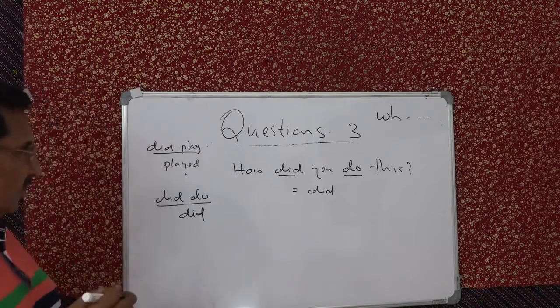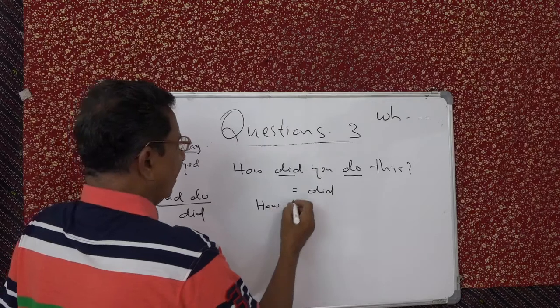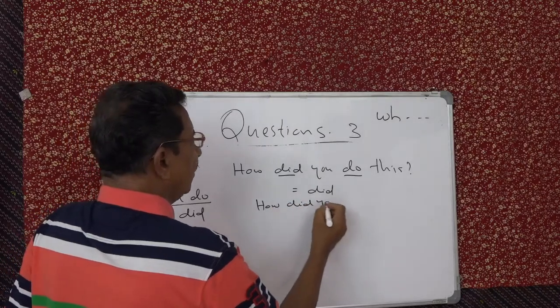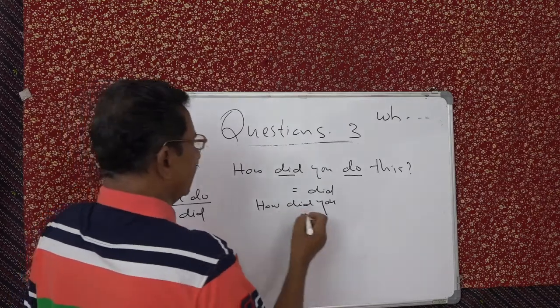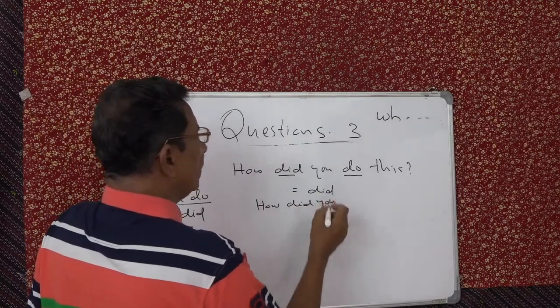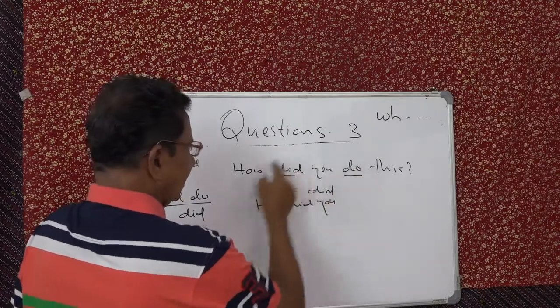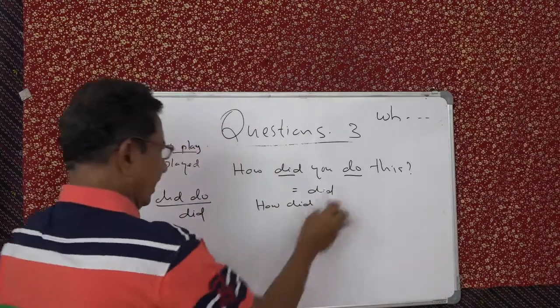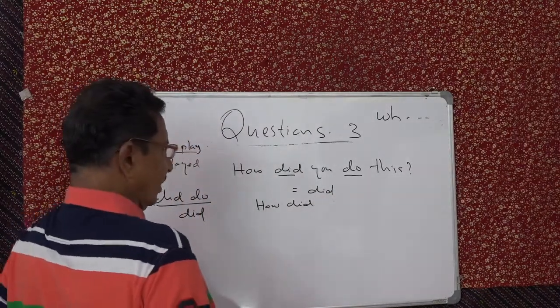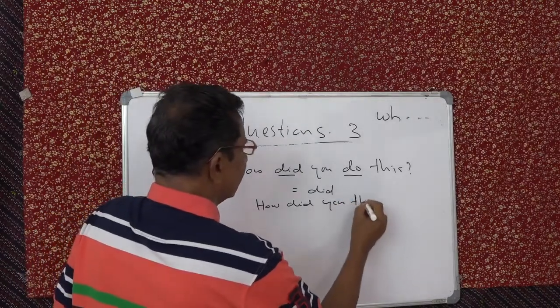So now what will you do? How did you do this? Because this did do is did already. Therefore what will you say? What will you write? How did you this?